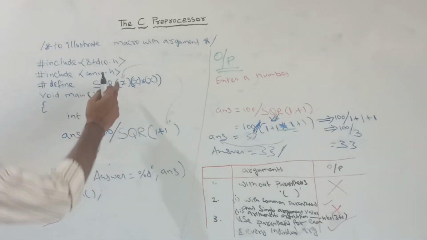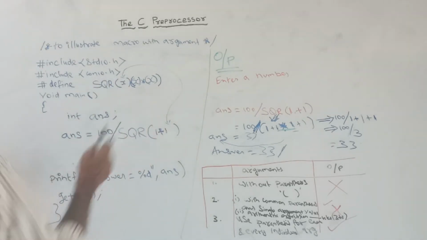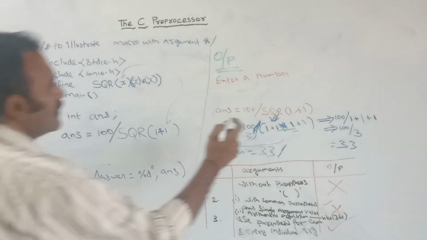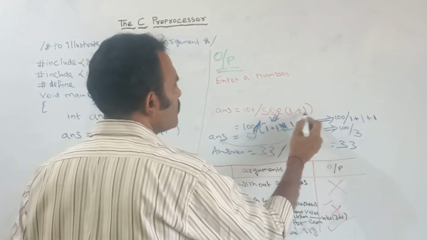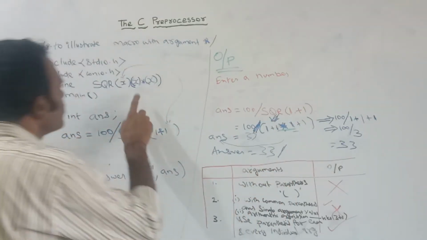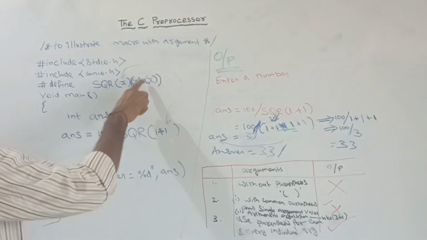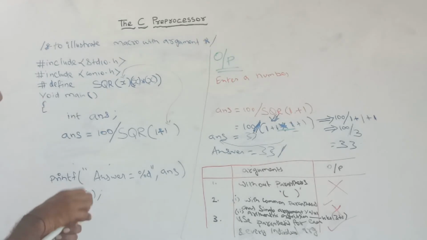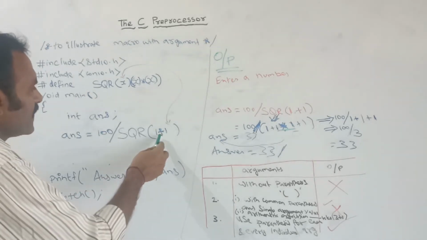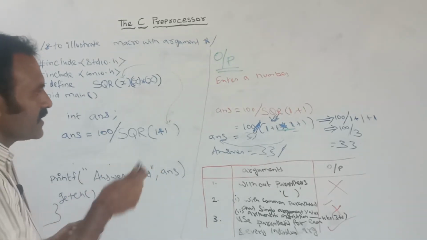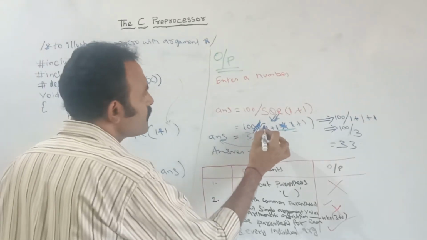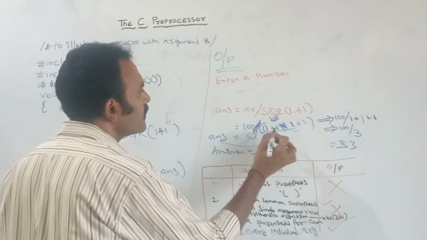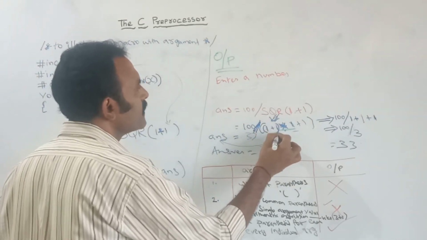Here in the definition, every argument I had given within the parenthesis. So for each and every x, the value is 1 plus 1, and this parenthesis is also included inside.